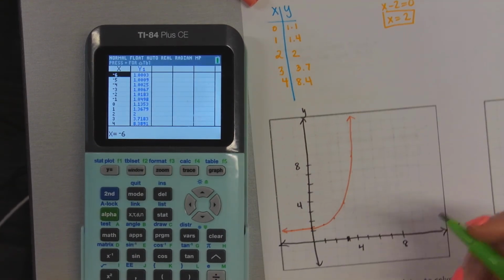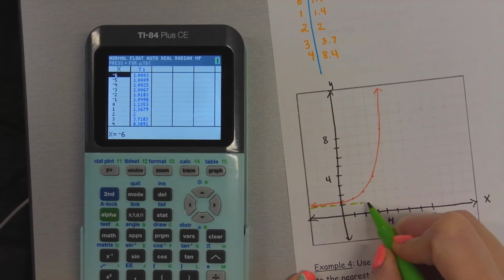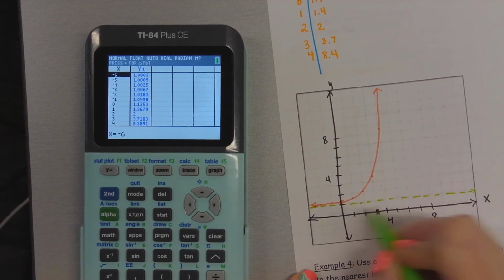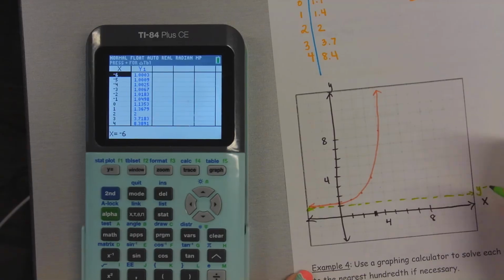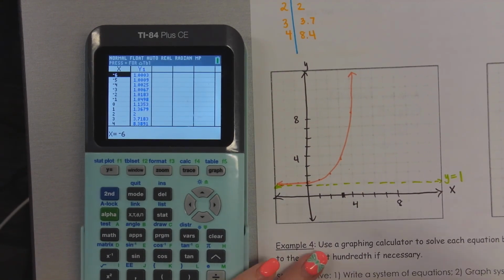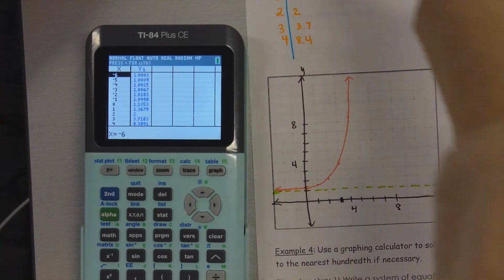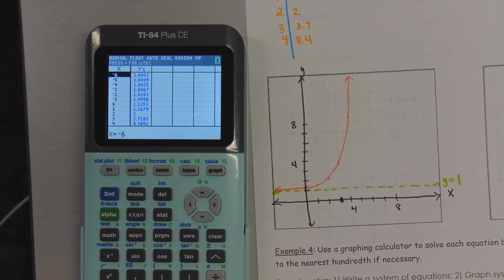And then you are also going to want to put the asymptote on there. So your asymptote is 1, because that's what it is getting closer and closer to. Okay, that is something that on your test it'll say that you have to include that. So you will want to practice that.